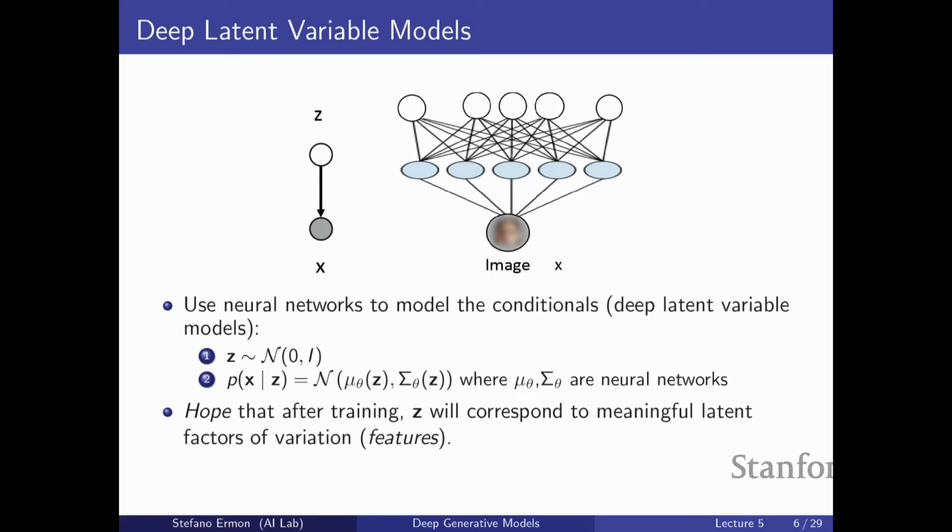And because at this point the latent variables don't have any pre-specified semantics, we're hoping that by fitting this model, let's say by maximum likelihood, we end up somehow discovering interesting latent structure.